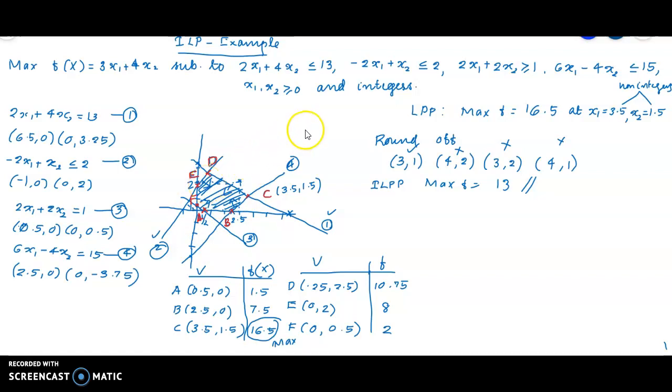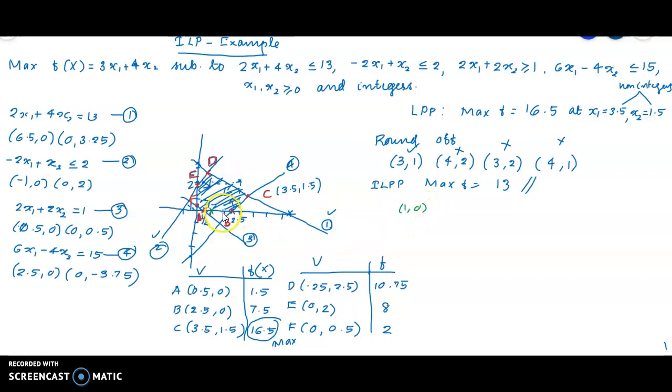Then for the ILPP, in the feasible region we have to consider only x1, x2 integers. Therefore we consider only the integers. Then mark the integral coordinates of this feasible region. Along the x-axis, the feasible region starts with x1 equal to 1 by 2, and the first point in the feasible region which has an integral coordinate is this one, and we can mark it as (1, 0).